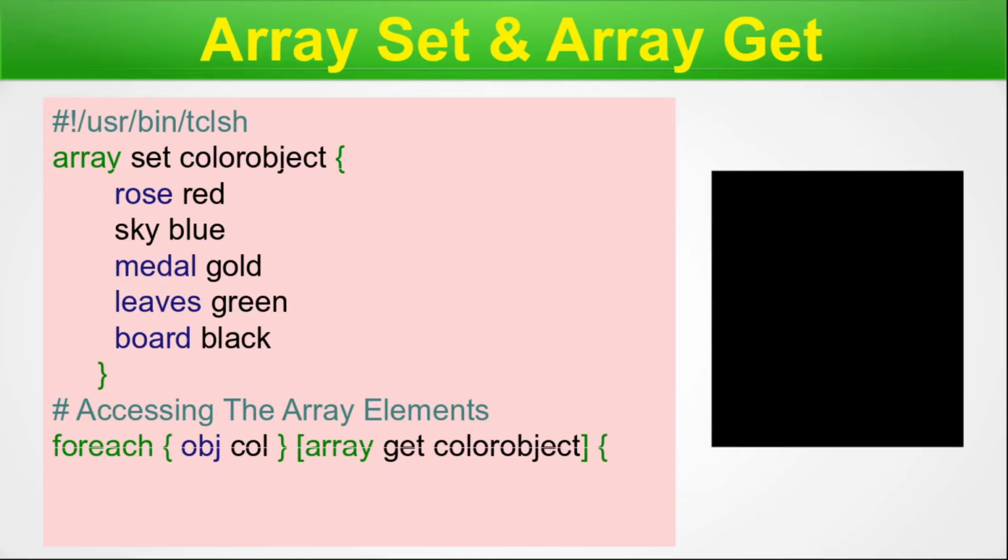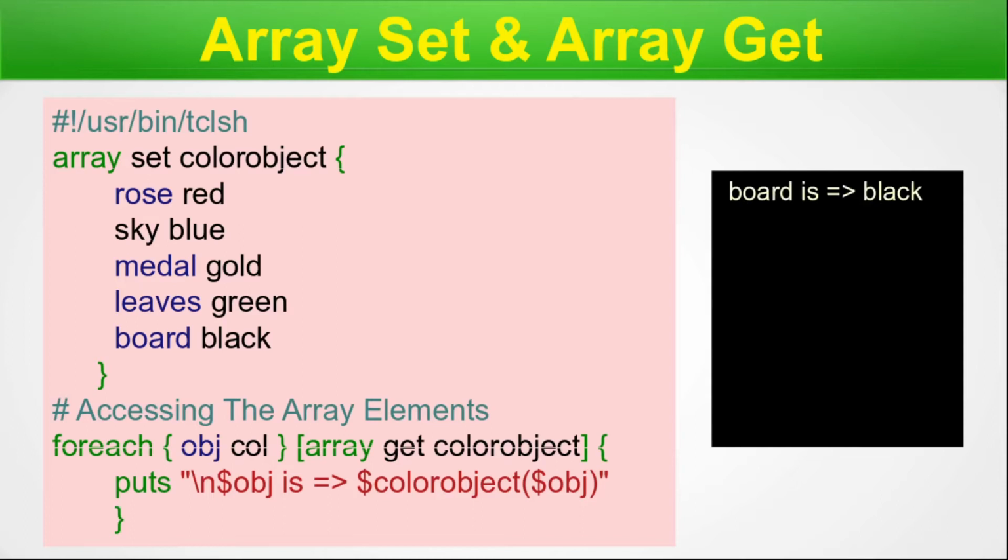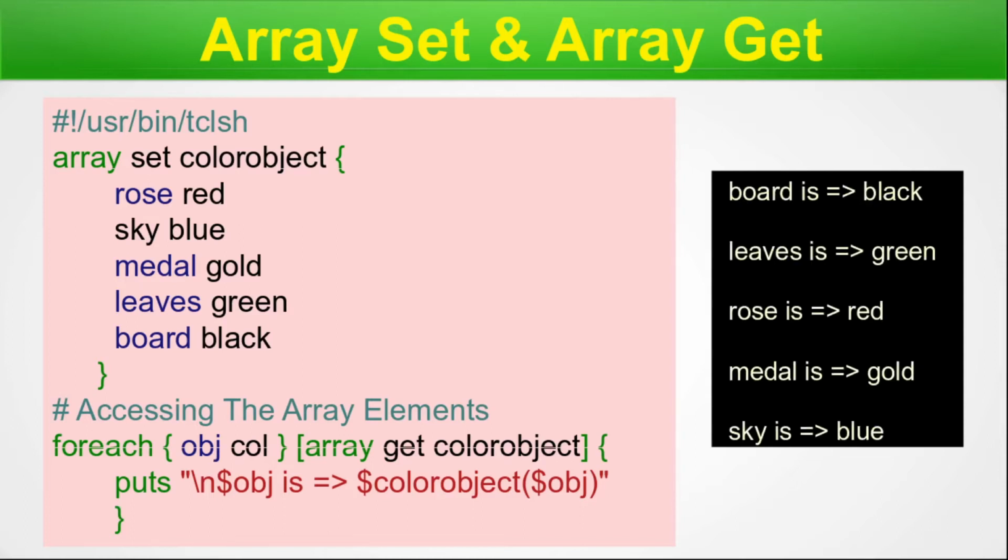So this pair will come into these two variables, obj and call. And array get will pull out one key value pair at a time. And we echo them as previously, and let's see the output. So it will be: blackboard is black, leaves is green, rose is red, middle is gold, and sky is blue. So this way we can use the array set and array get commands for creation of an associative array and accessing its key value pairs. This is another way. So let's go to the next section.